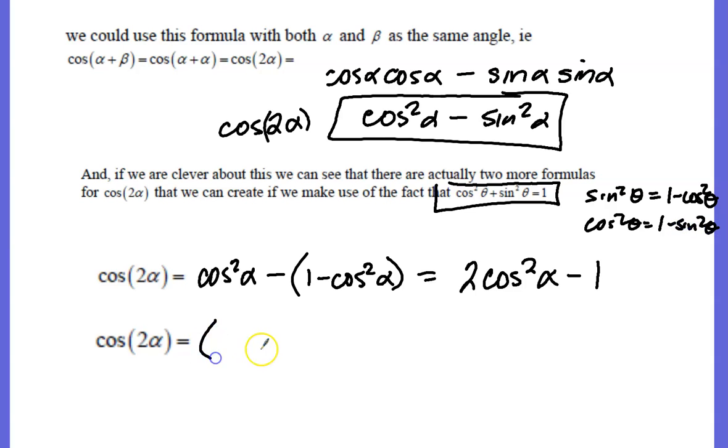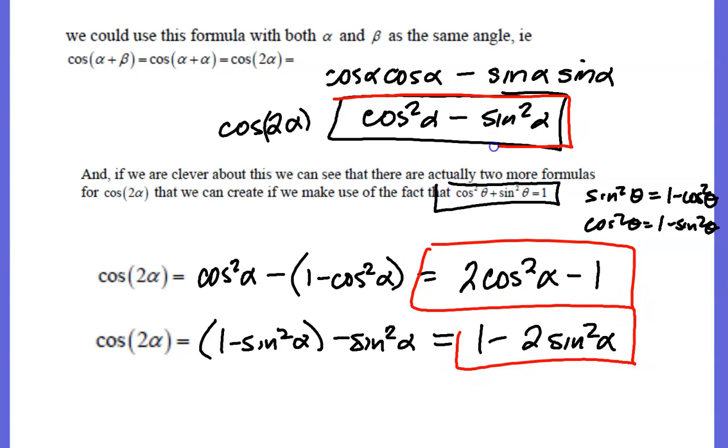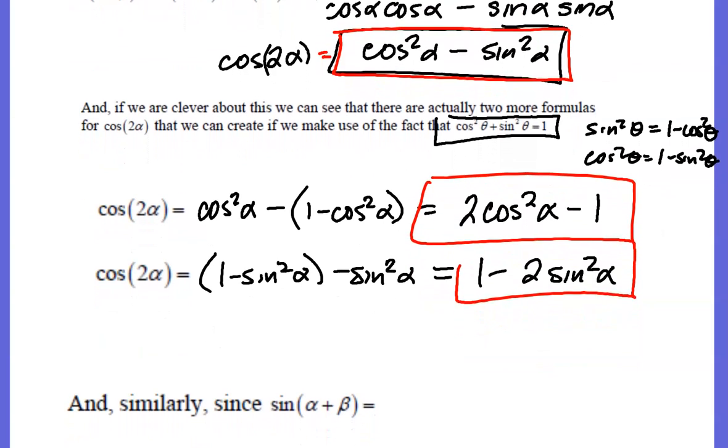So I could replace that cos squared with 1 minus sine squared, minus sine squared, which gives me 1 minus 2 sine squared alpha. So these are your 3 versions for the cos double angle. This one involves both sine and cos. These ones involve only cos or sine, depending on which one you want to use. That's when you're going to see that happen in proofs, when it's maybe more advantageous.